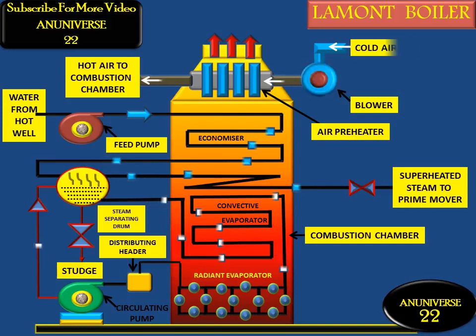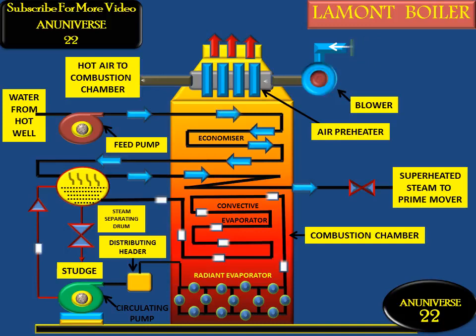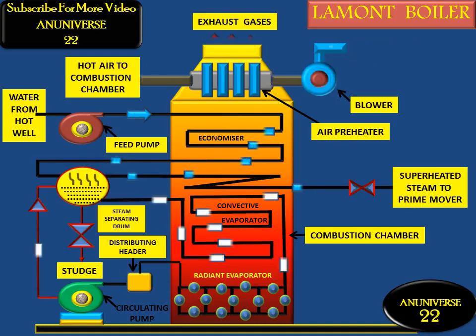So the cold air enters with the help of the blower, is heated with the help of the flue gases, and goes to the combustion chamber, and finally the exhaust gases go to the atmosphere.